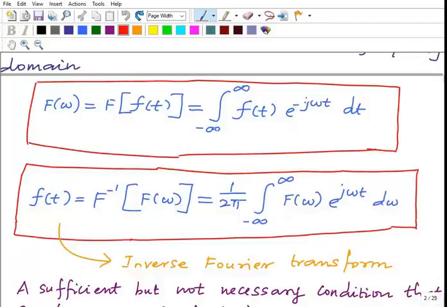See here it is e power minus j omega t, here it is plus j omega t. When you transform from time domain to frequency domain, the integration is with respect to dt. Whenever you transform from frequency to time, the integration is with respect to d omega. So note both equations, forward Fourier transform and inverse Fourier transform.